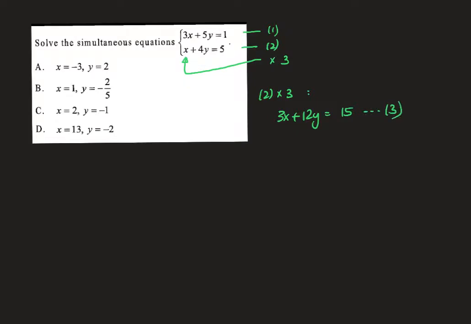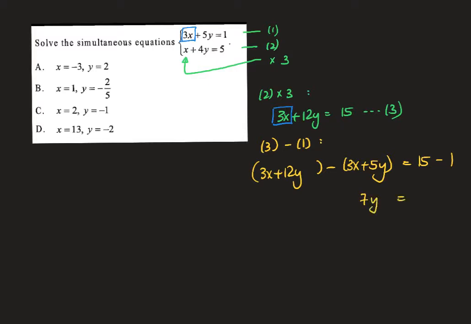Now we can see the coefficients of x in equation 3 and equation 1 are both equal to 3. Then we can use subtraction. We subtract 1 from 3, like this. Then the terms x will be eliminated, and on the left side we have 7y, on the right side 14, y equals 2.